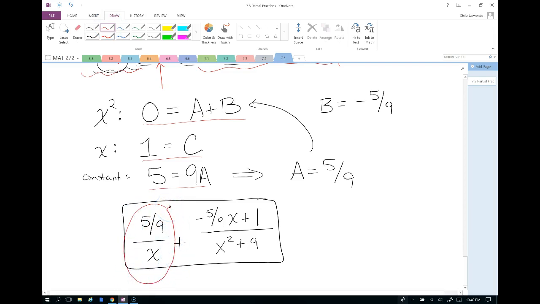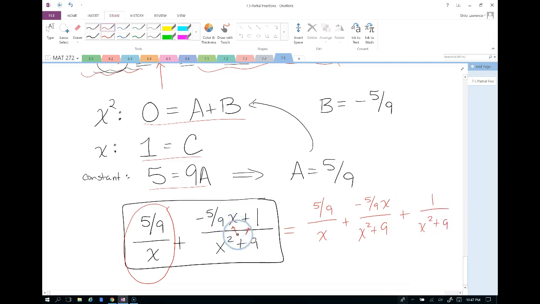That's just going to turn into a log. And then usually when we have these irreducible quadratics, we're going to have to split this apart into two separate fractions and deal with them individually. So when we come to the integration step, we're actually going to work with it as 5/9 over x plus negative 5/9, and you could change that to minus if you want, negative 5/9 x over x squared plus 9, plus 1 over x squared plus 9.